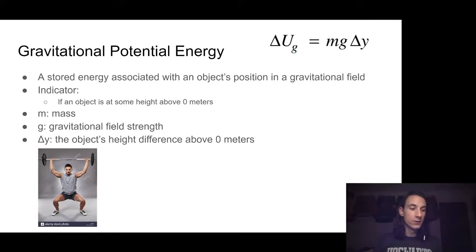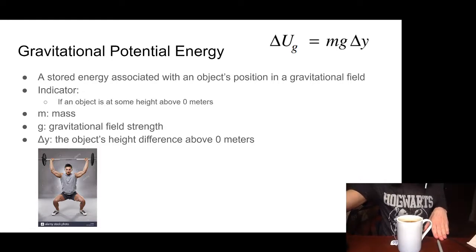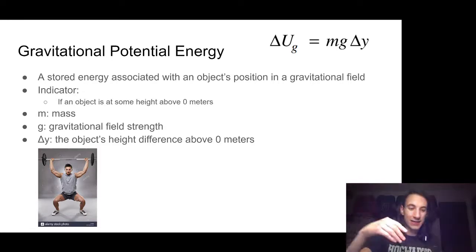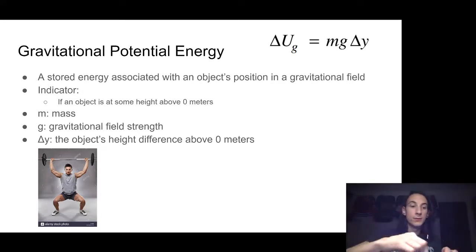If you just say, oh, this pen that's sitting on the table is at 1 meter, I know you can't see it, sorry, then it doesn't mean anything. That could be like 0. It cares about how much it changes from your reference point. So if I say it's 0.4 meters above the table, that's where we start to care about it.